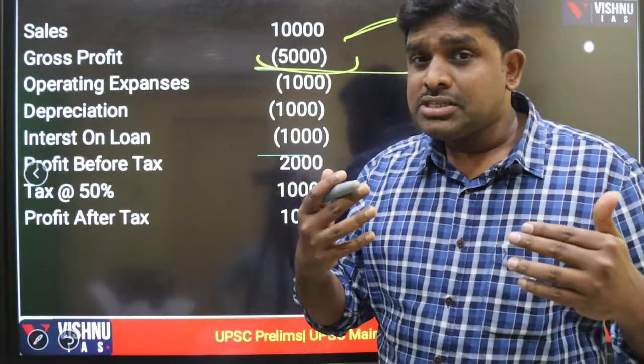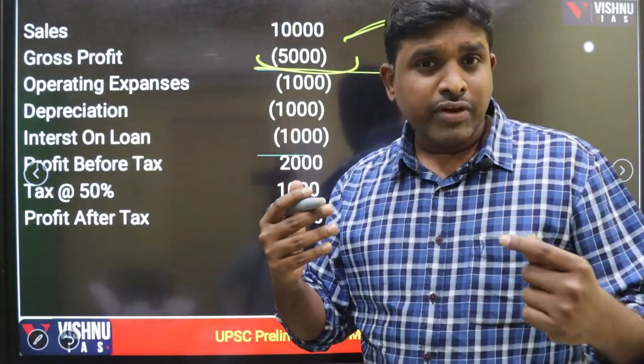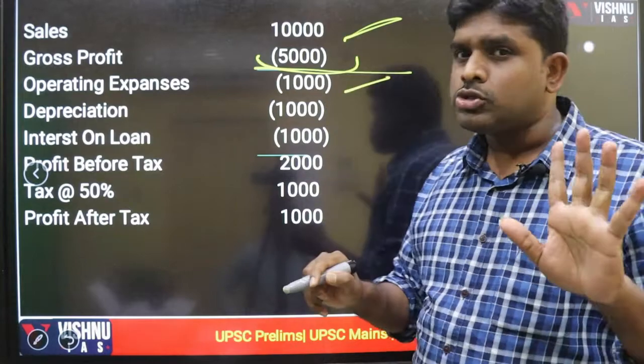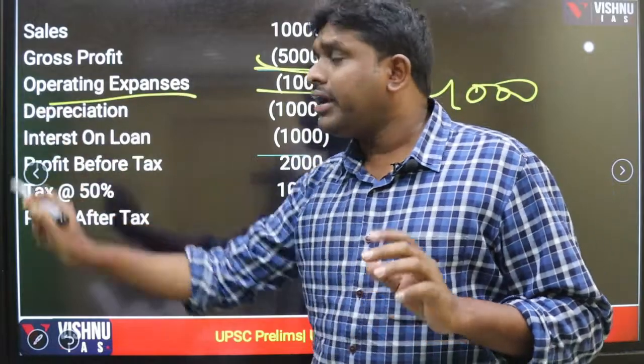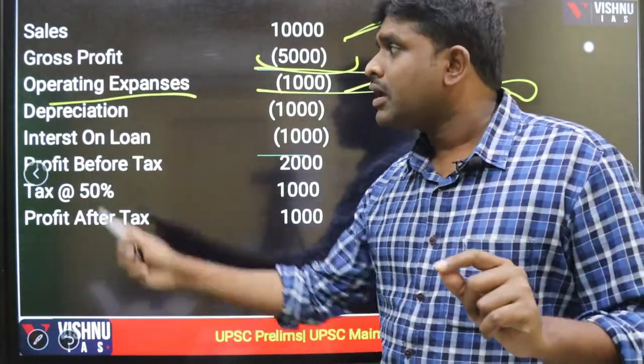Operating expenses and maintenance will be there, so I will remove another 1,000 rupees. How much is left? 4,000 rupees, because operating expenses we cannot avoid.